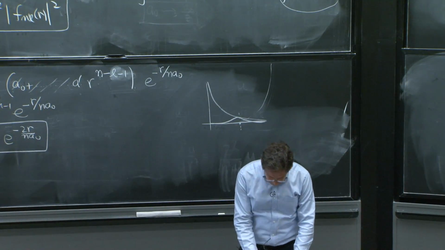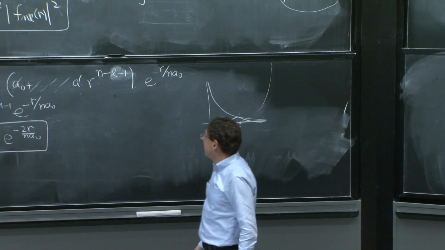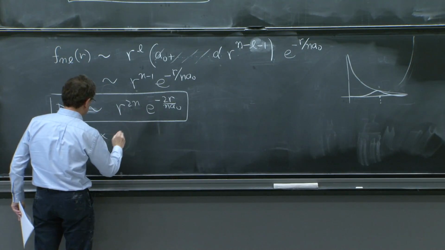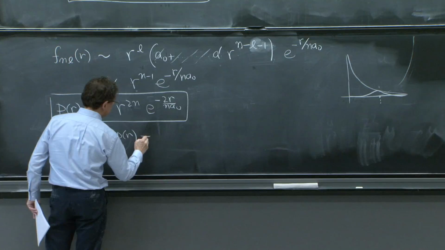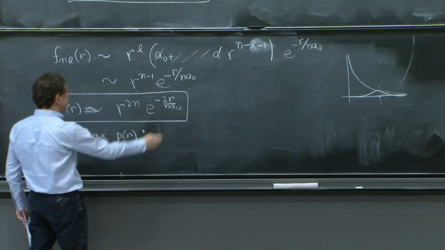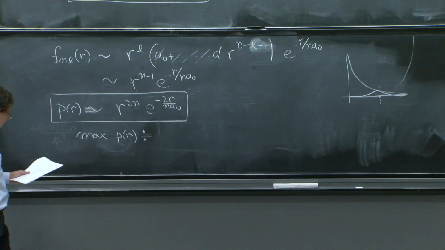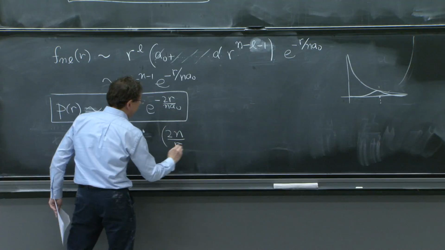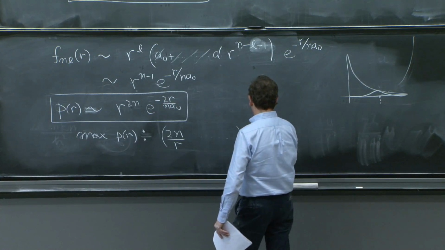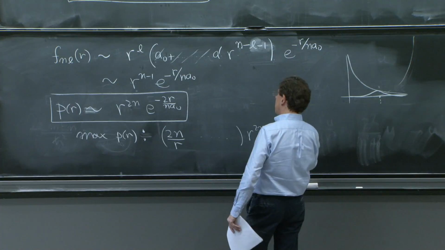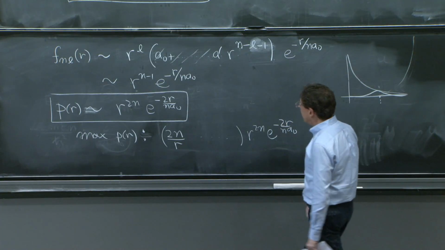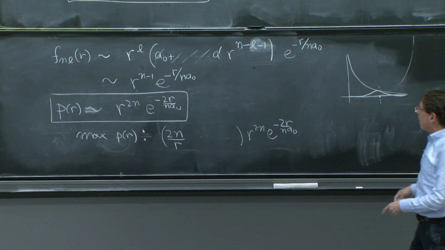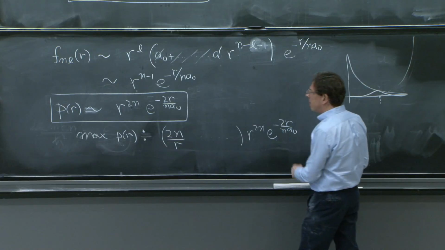So the maximum comes from taking a derivative. So the maximum of P of r is determined by setting the derivative of this equal to 0. So you get 2n over r times the same r to the 2n e to the minus 2r over n a0. So the first term, the derivative is 2n r to the 2n minus 1, which is divided by r and the same thing.